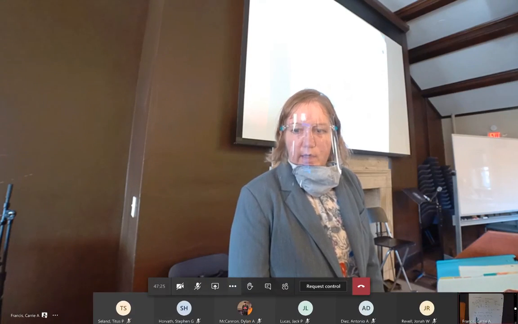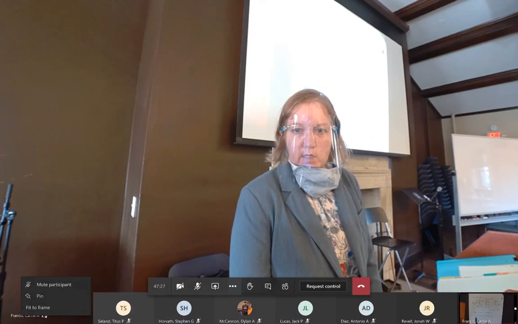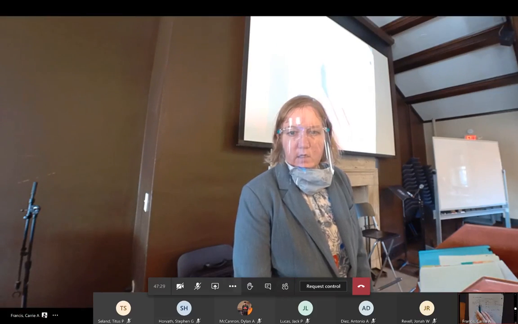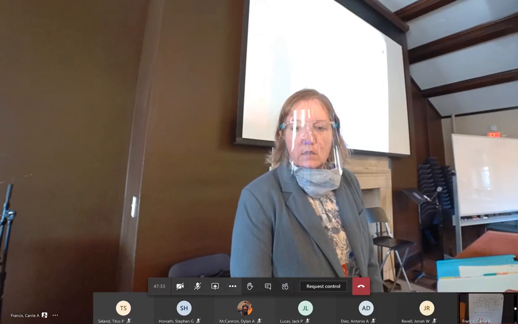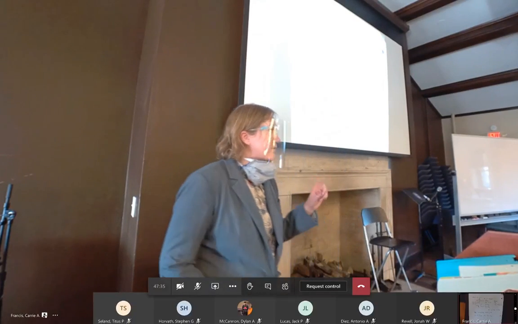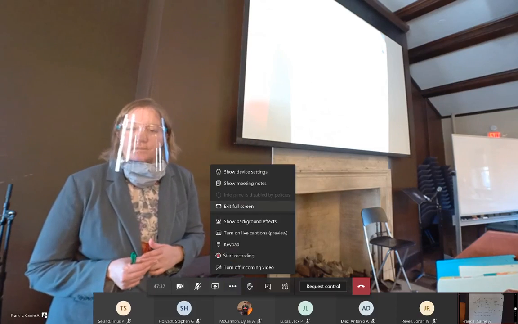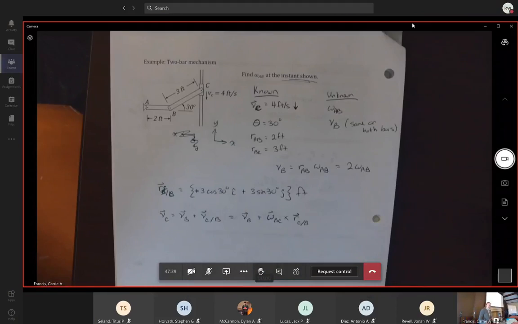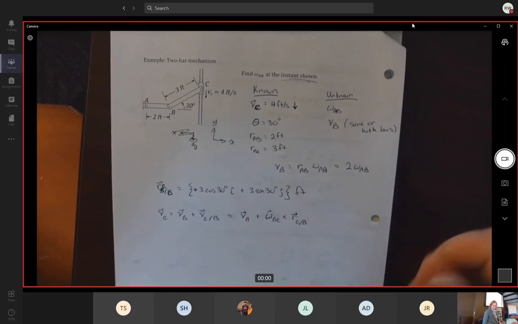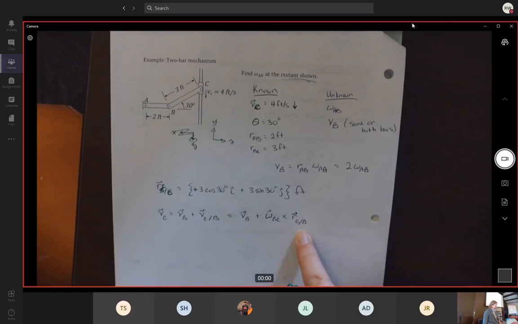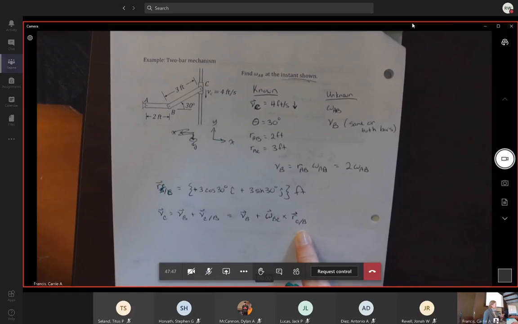And then we said that velocity of C could be written in terms of velocity of B plus the velocity of C relative to B. And so that's an angular velocity crossed with the position of C relative to B. Okay. So far, so good?